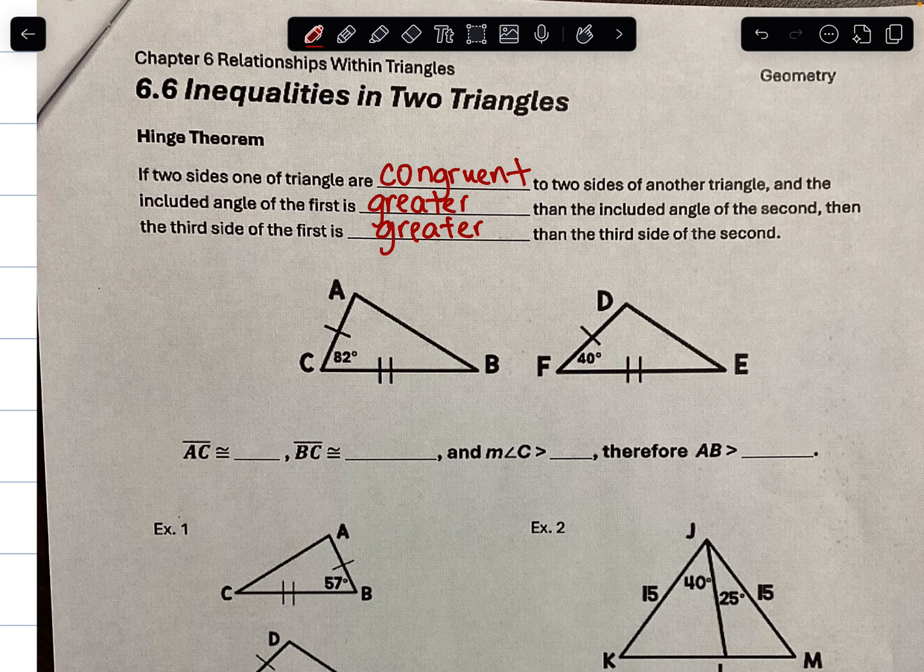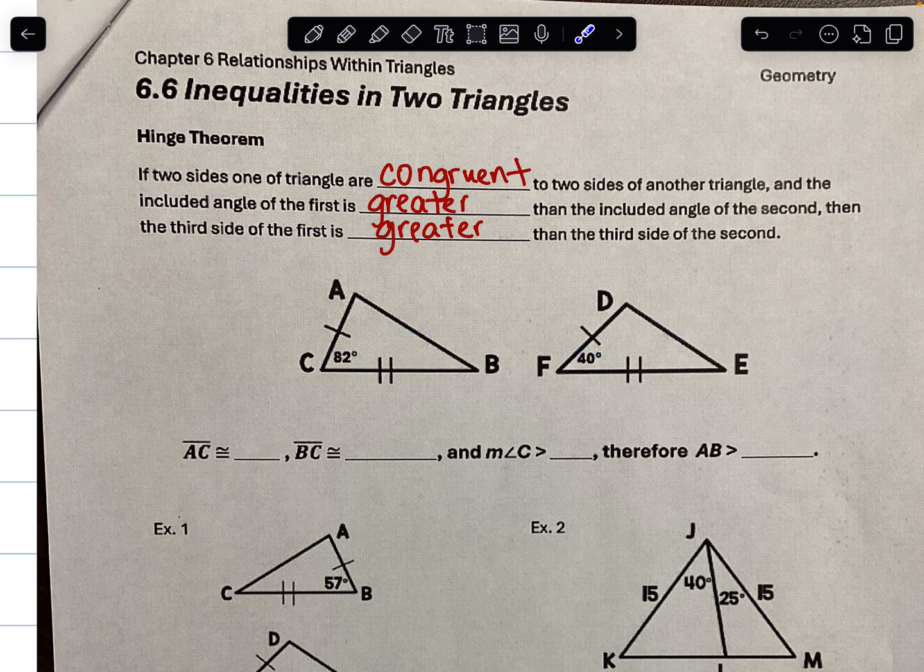Okay, so essentially what this is saying is if I have this triangle congruent to this triangle, these two sides are congruent, these two sides are congruent, since this angle is bigger than this angle, that means this side AB has to be bigger than side DE.